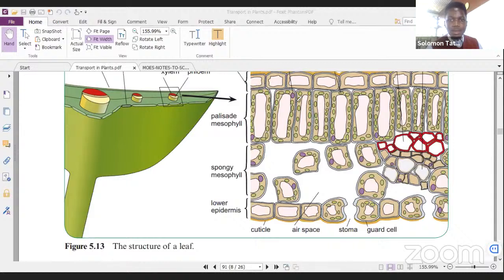Why are there more stomata on the lower epidermis than the upper epidermis? Yes, Ronnie. Ronnie, you haven't said something. Say something. Ronnie?